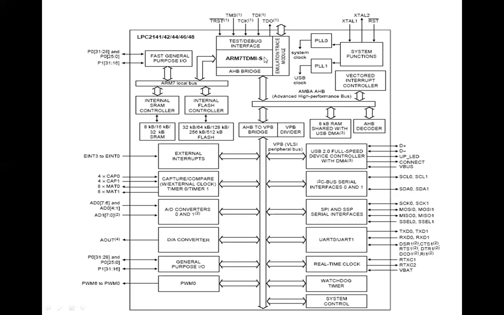On the top center there is a processor. Actually this is the CPU and the others are onboard peripherals. So this is the entire ARM7 board structure.